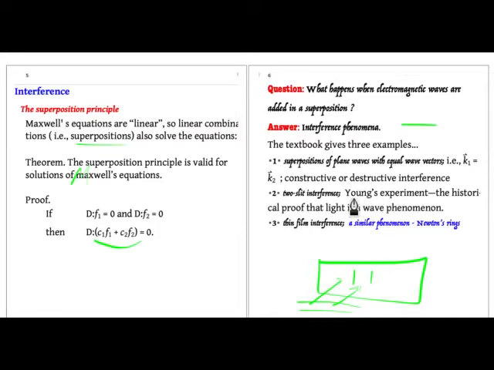That experiment was done by Thomas Young in 1801, and he observed constructive and destructive interference. This was really the historical proof that light is a wave phenomenon, because there's really no way to get interference like that if light is a stream of particles. This was after the time of Newton, so Newton never saw Young's experiment.